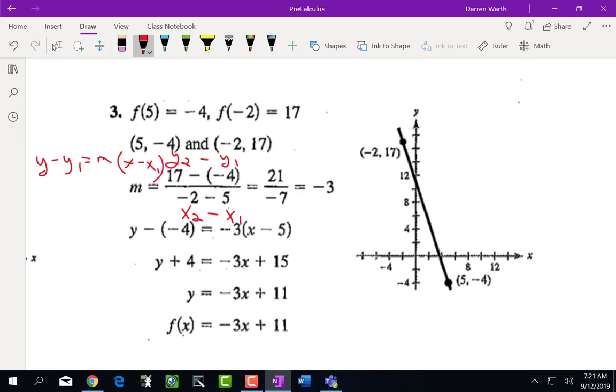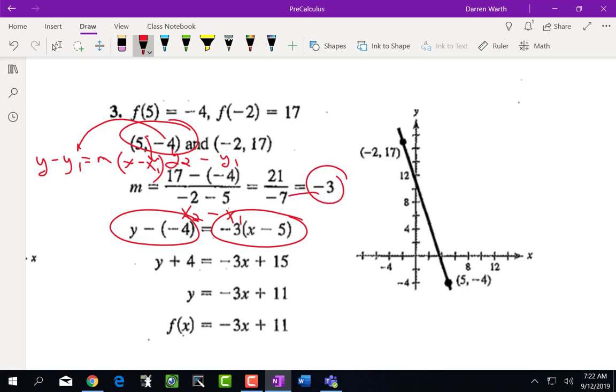Now substituting these in, it looks like the book is going to choose this pair of points right here. This is just to illustrate the fact that it doesn't matter which one you choose. So they substitute in the negative 4, and they get y minus a negative 4. They substitute in the 5, and they get negative 3 times x minus 5. And here's your slope that they substitute in right there.